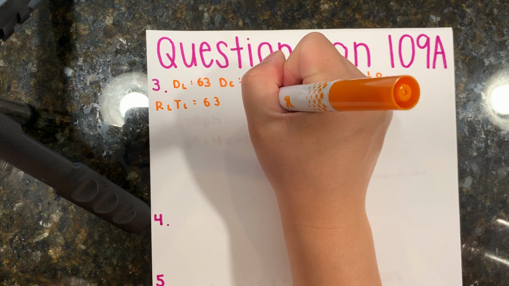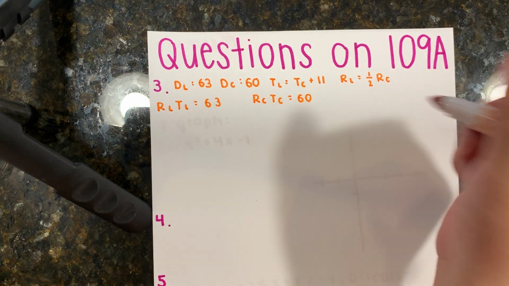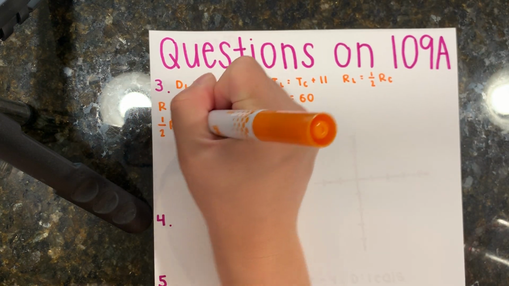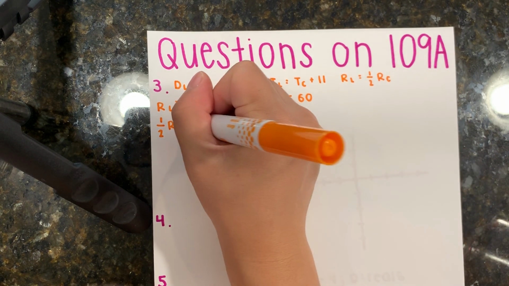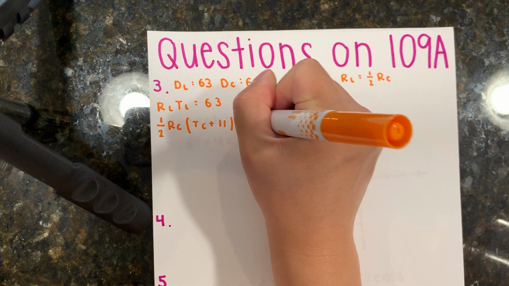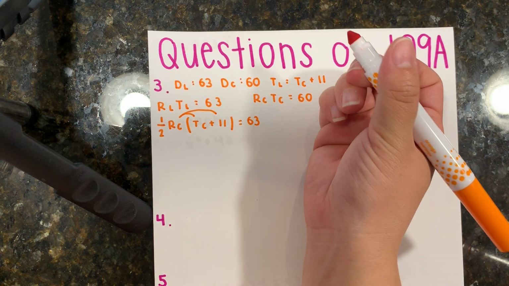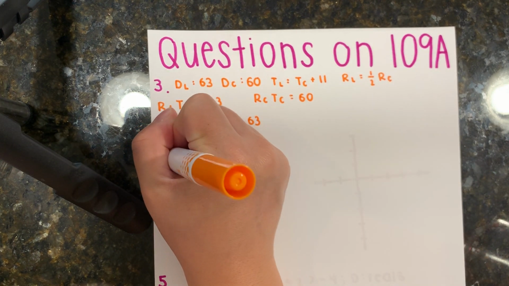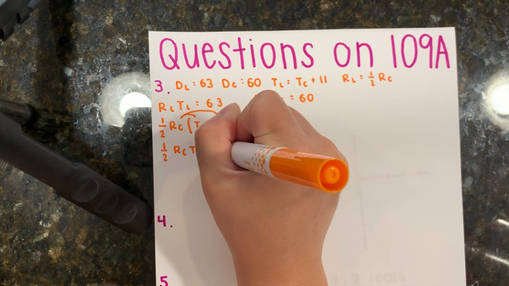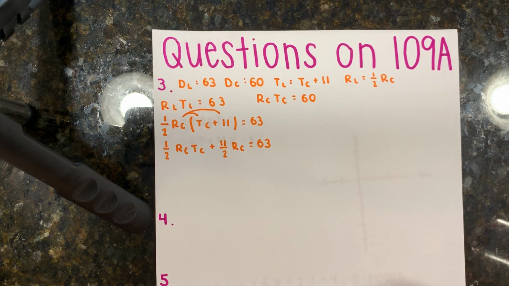And then I have RC TC is equal to 60. So I'm going to plug in my RL, which is equal to 1/2 RC, times TL, which is TC plus 11, equals 63. I'm going to distribute that. So I get 1/2 RC TC plus 11 over 2 RC equals 63.